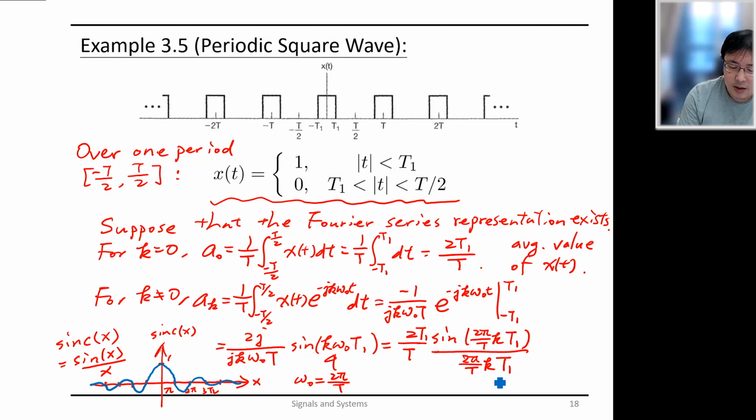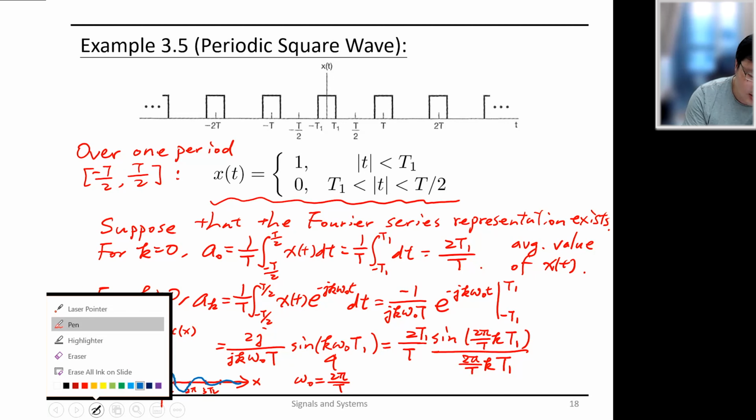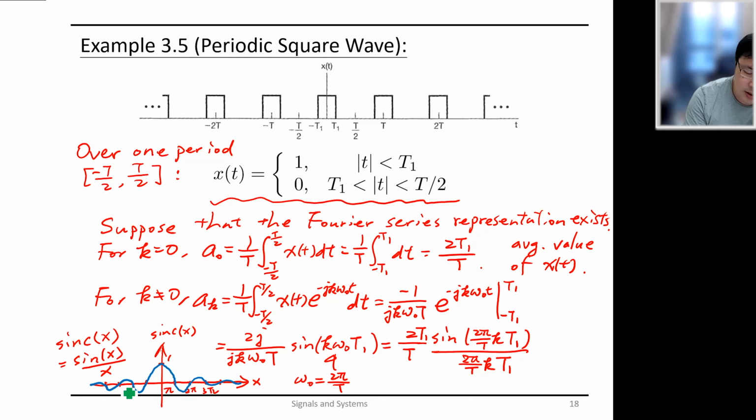Now, if you look at this, what this is essentially doing is sampling a sinc function.